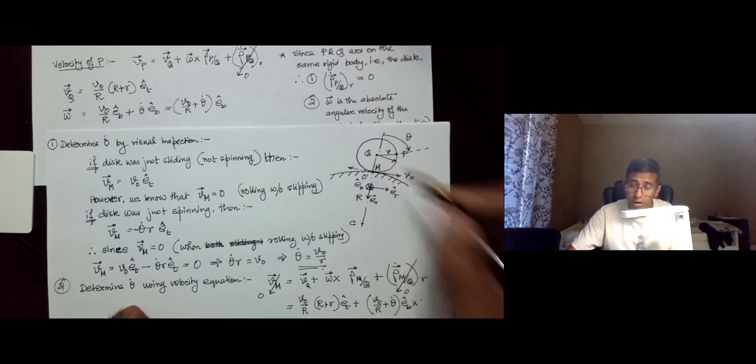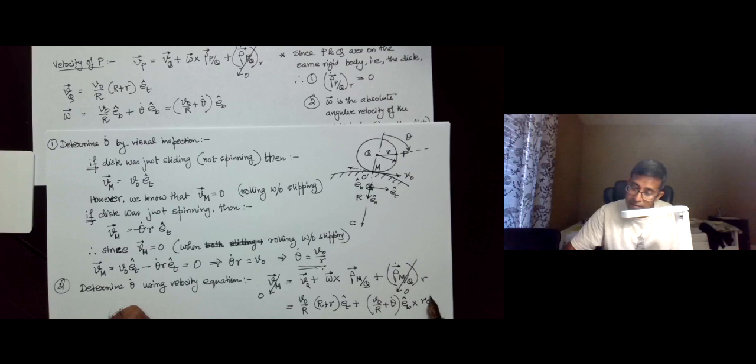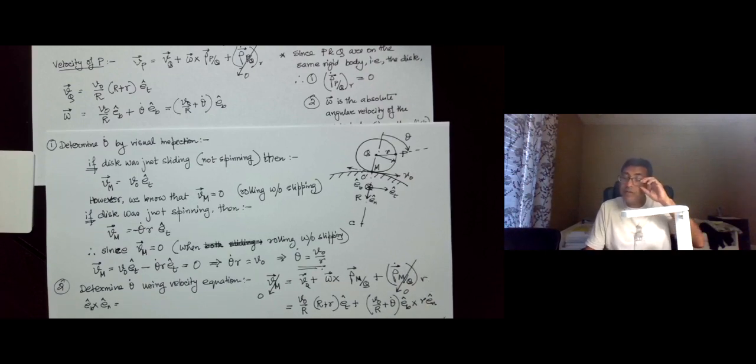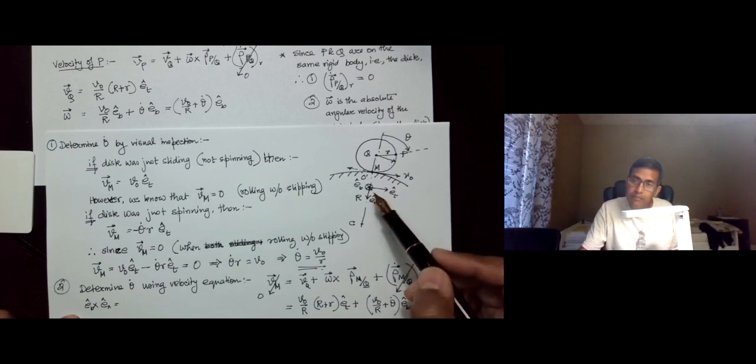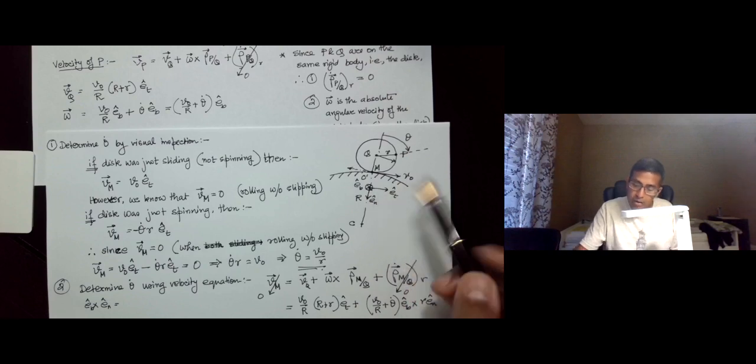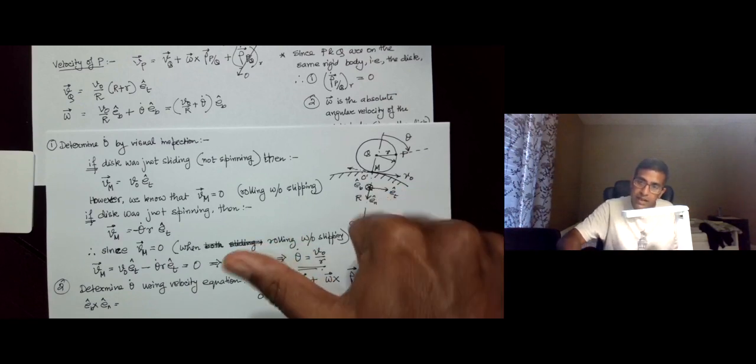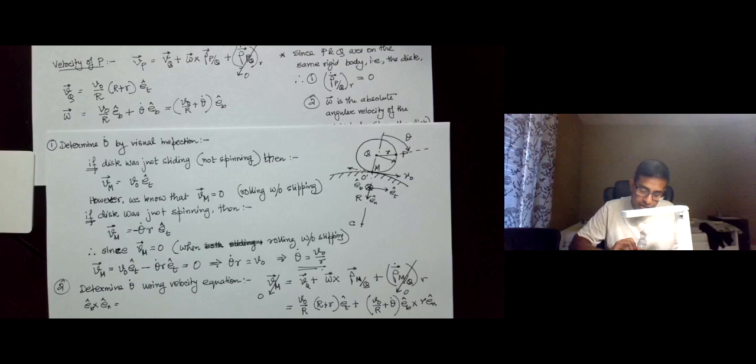So small r en. Okay. Now EB cross en is found by doing the cross product. So if we do EB cross en, we see that it is pointing in the direction of negative ET. So negative ET.